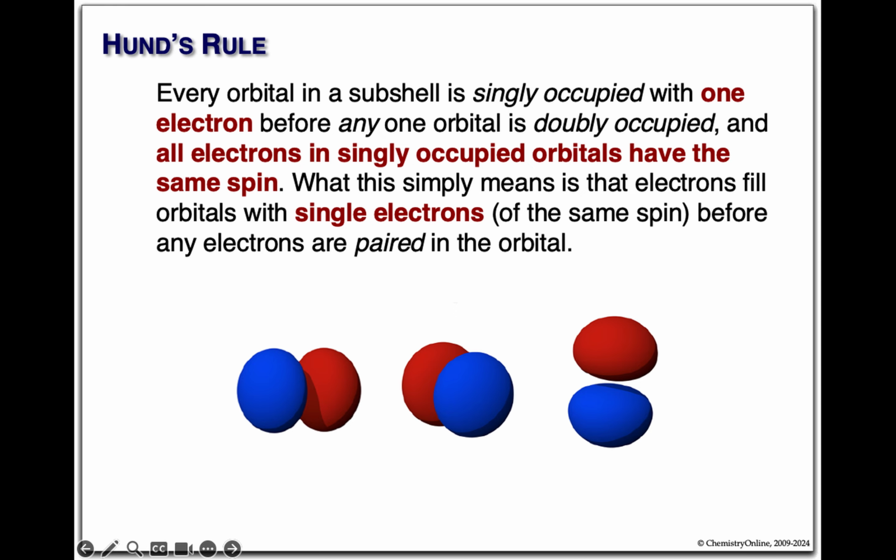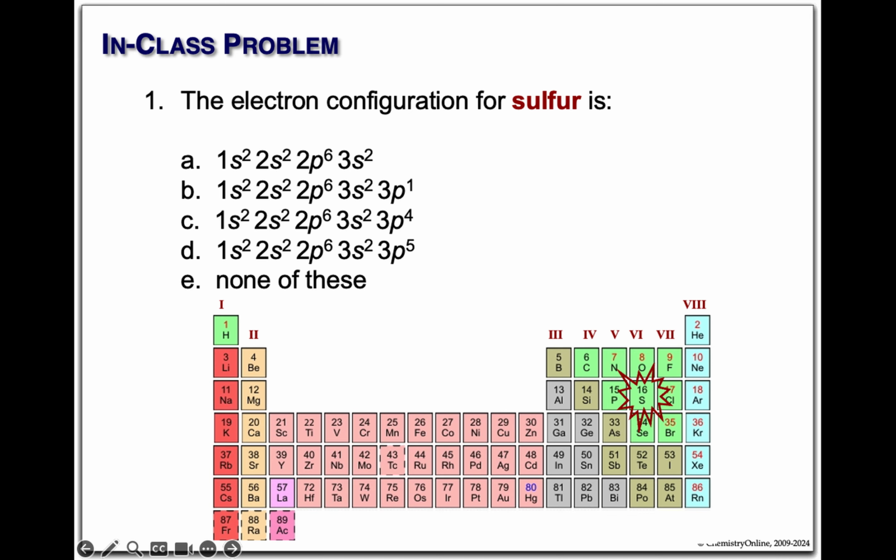That's 1s2. The 2s is also full. The 2p is full. The 3s is full. And finally, in the p orbital, we have 1, 2, 3, 4 electrons. So we're looking for 3p4.